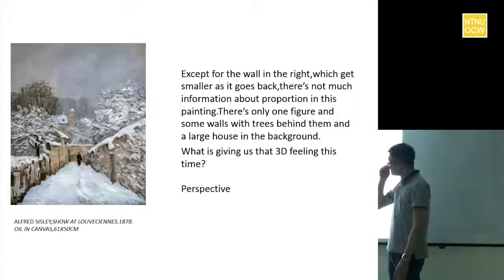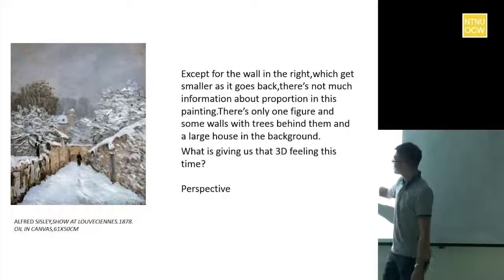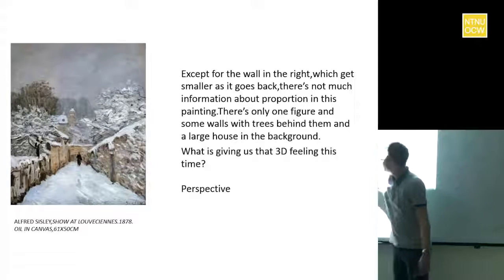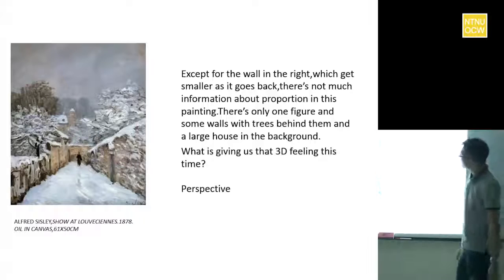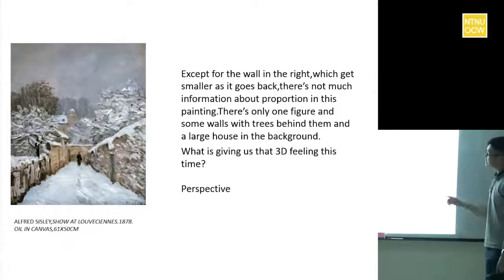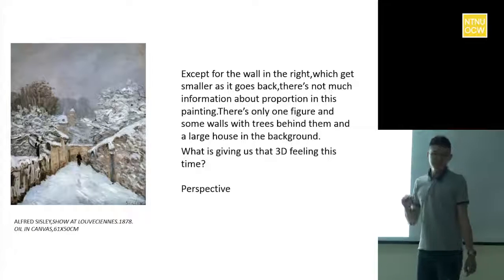You can see the painting has little information. You can see a few trees, the wall and the fence. But you can feel that the painting has a 3D feeling, right?